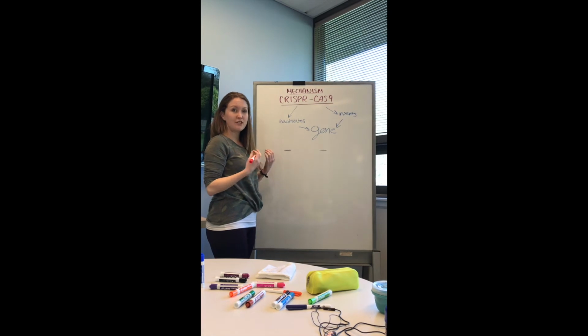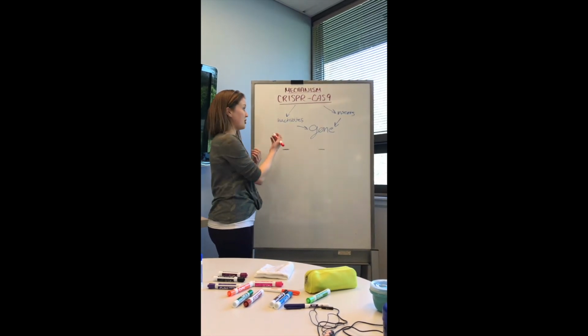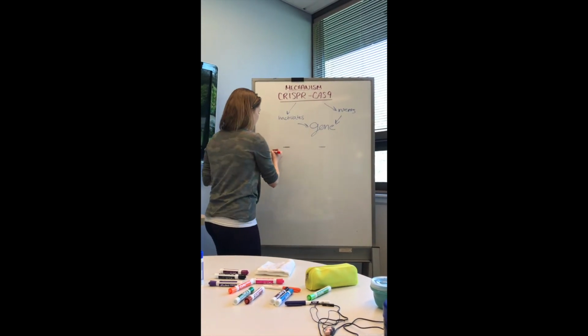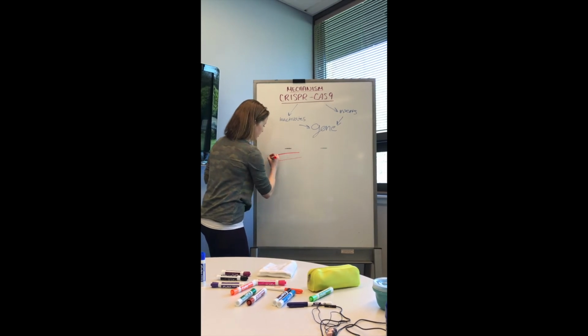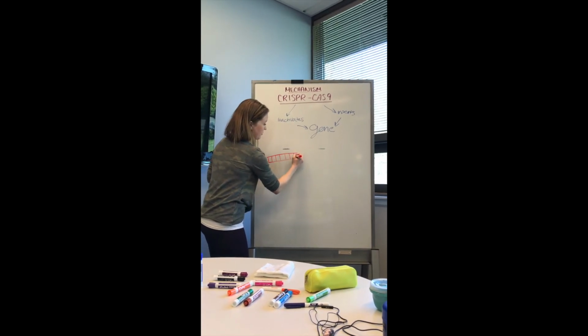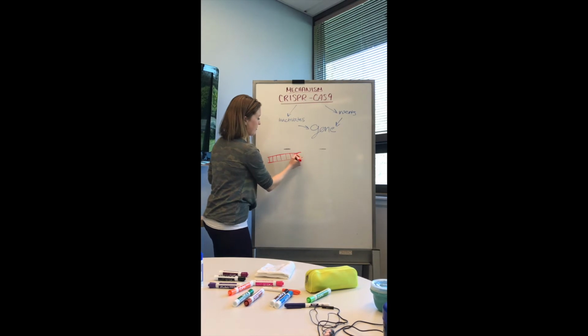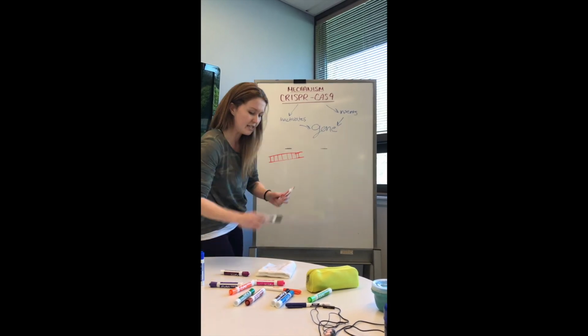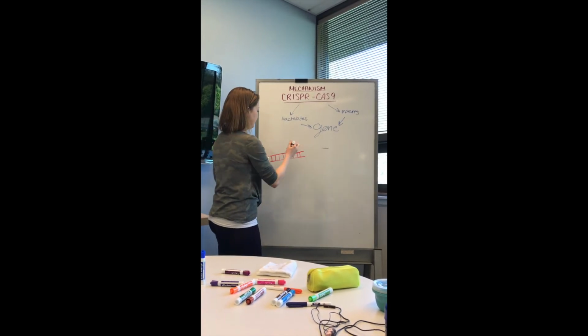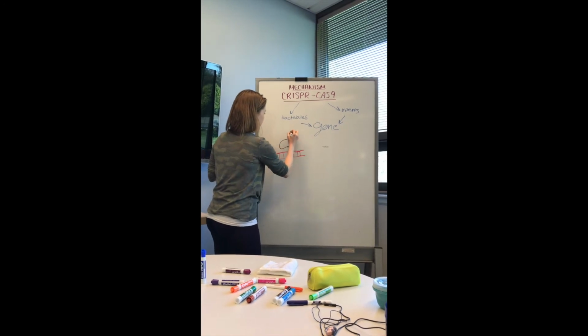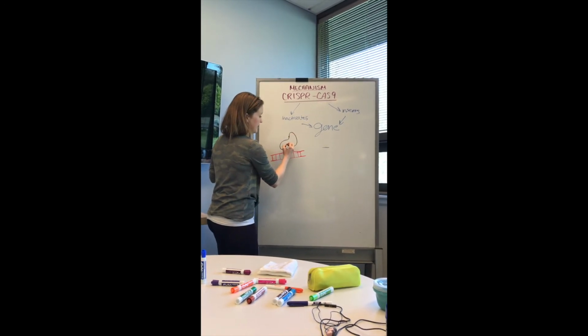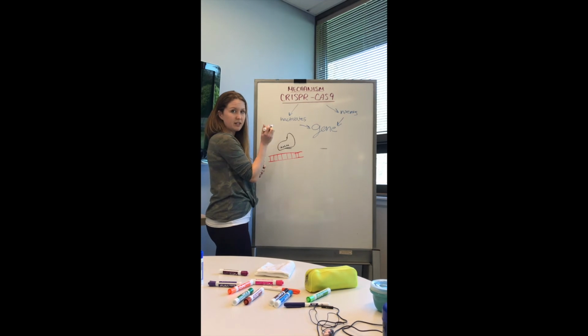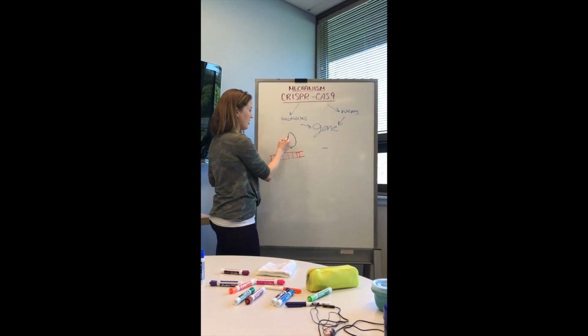So let's talk about how CRISPR-Cas9 could be used on a gene that needs to be inactivated. Say you have a gene causing a disease. What you can use CRISPR-Cas9 for is to come along, you would put an RNA sequence of the gene that you're targeting on the Cas9.